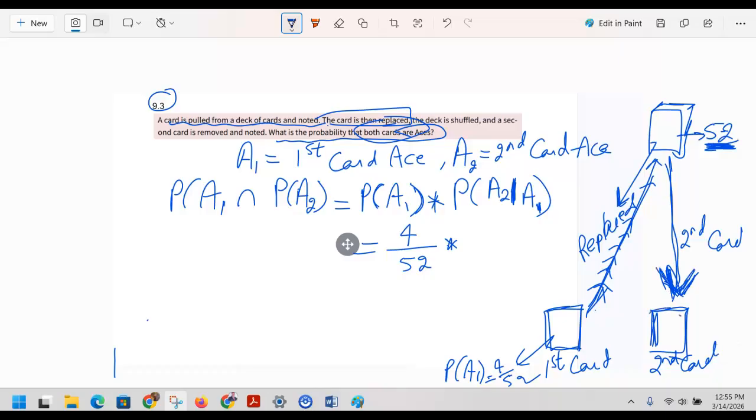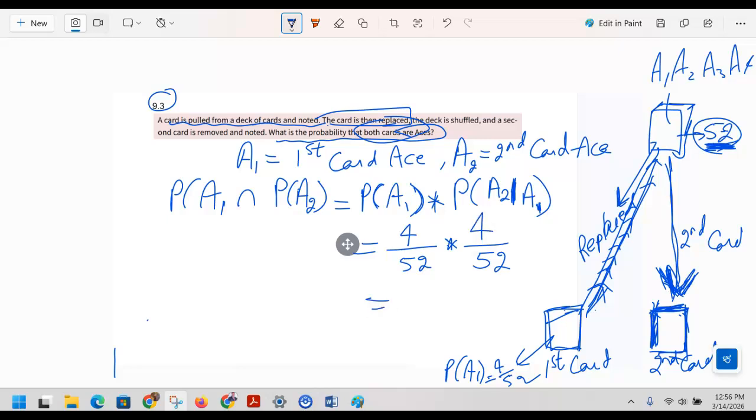Remember, the second one is again back to 52 cards. That means this will be out of 52. And again, you have all 4 aces back here: ace 1, ace 2, ace 3, ace 4. So no matter what this card was, it is put back. So again, you have chances of getting 4 aces. Now 4 out of 52 is also written as 1 out of 13.